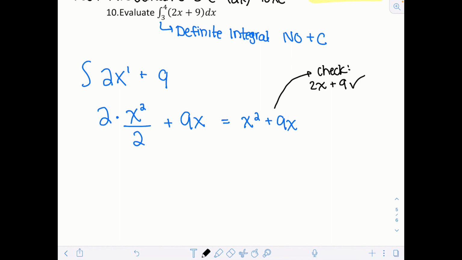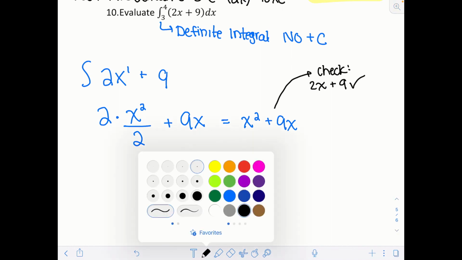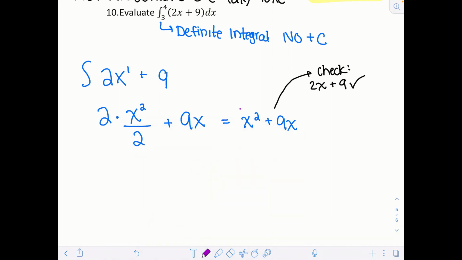Now we're going to use that fundamental theorem of calculus. Notation-wise, once I take the integral, I put it in these brackets and then I put the numbers on the outside. So that tells me, okay, I've already taken the integral, so that part's done, but now I still need to plug in my numbers. So you plug in 4, and then you subtract, and you plug in 3.